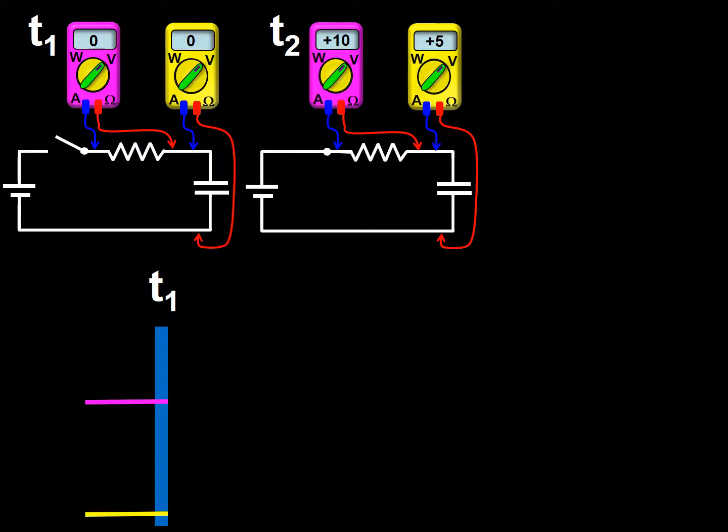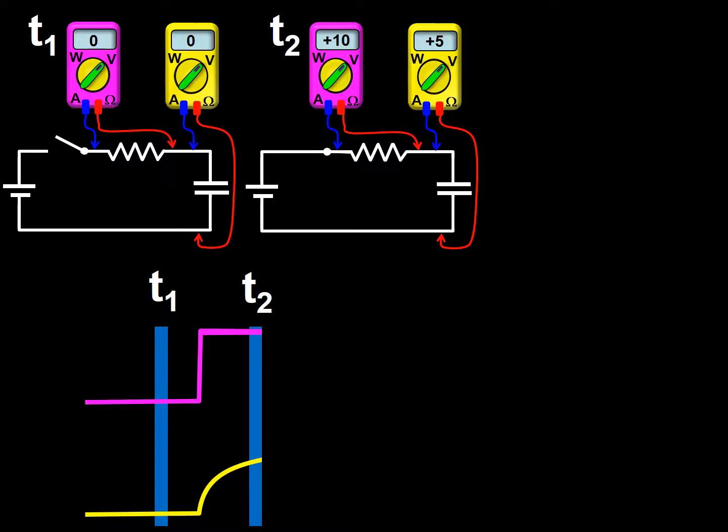So at time 2, the circuit is closed and the value at the voltmeter placed across the resistor will reach its maximum almost immediately, while the value of the voltmeter placed across the capacitor is not quite there yet. The numbers of the voltmeters reflect these findings.